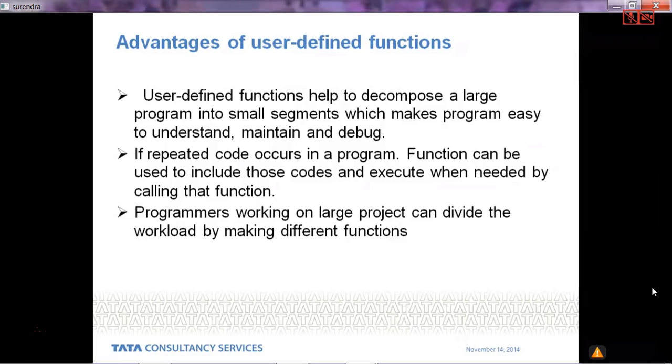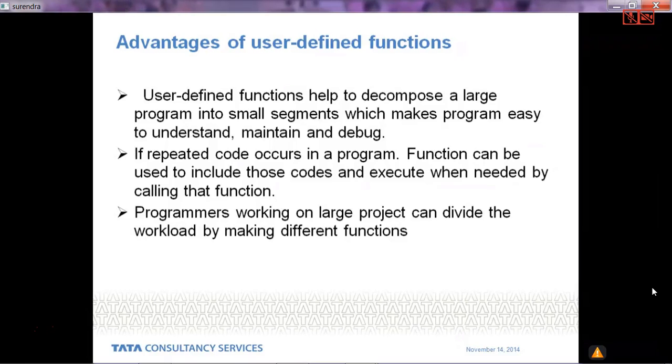Repeated code occurs in a program, meaning generating a bill, generating a bill coming to the picture. So the function can be used to include those codes and execute when needed by calling that particular function. Whatever I am calling for generating a bill, I'll keep it in one particular block. I will name it generating a bill. So whenever it is needed, we are going to call that particular function.